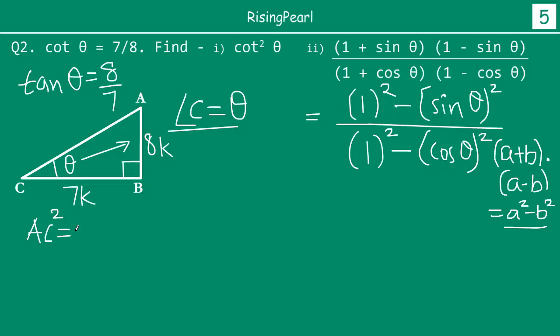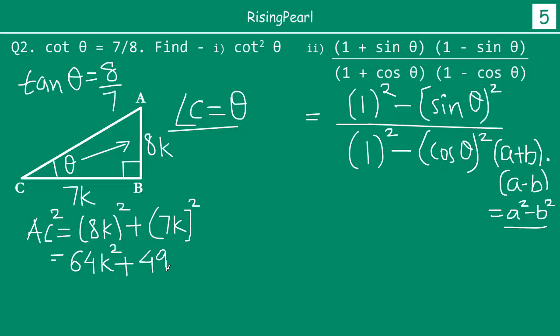AC square is equal to 8k square plus 7k square, or this comes to, 8 8s are 64k square plus 7 7s are 49k square. Or if you were to add this, I think we have to add it. So 64, well, we don't need to really put the k square, 64 plus 49.